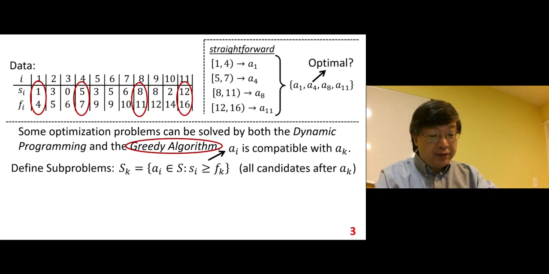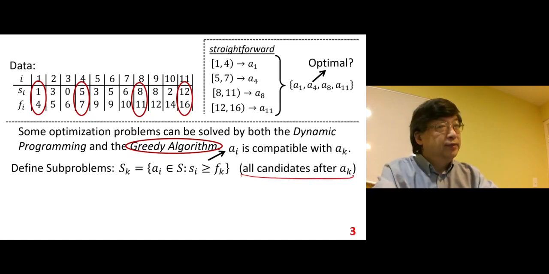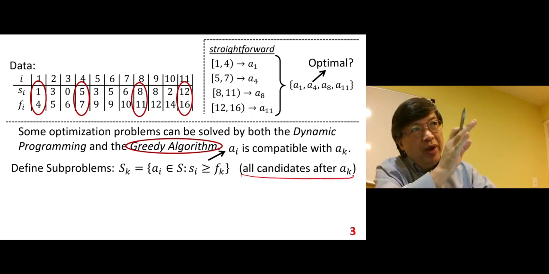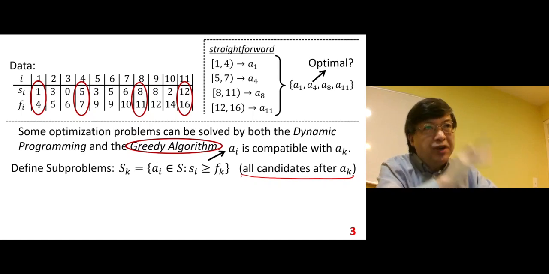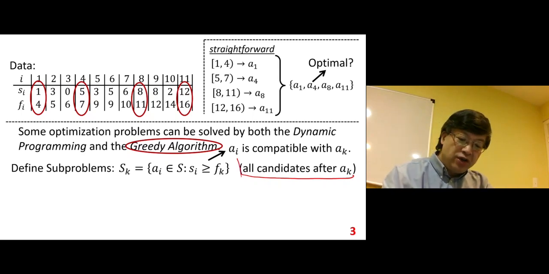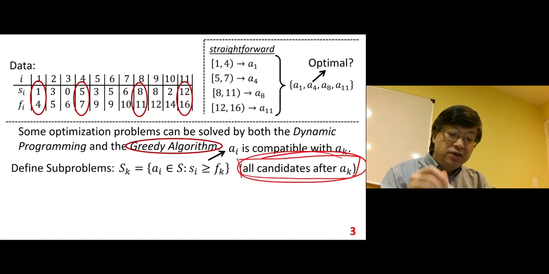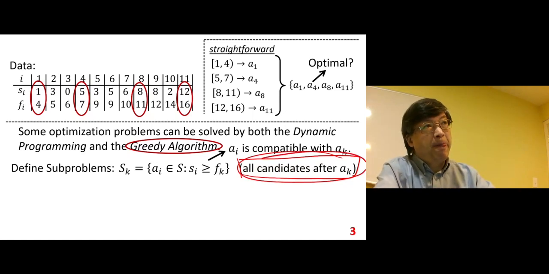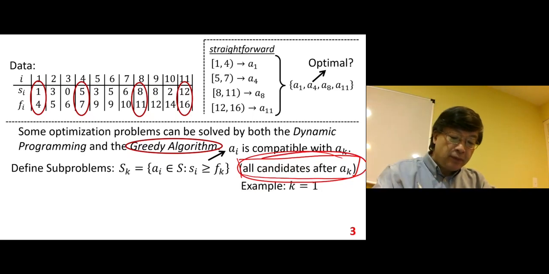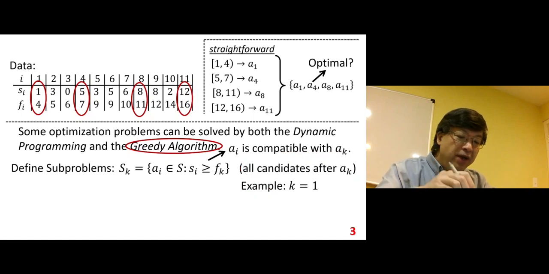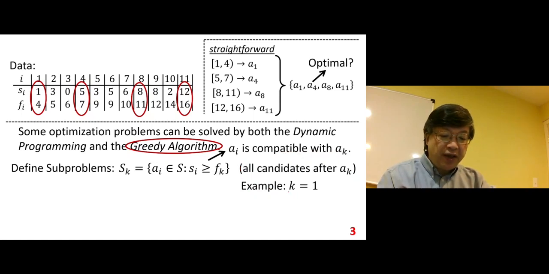Because when we make our greedy strategy selection, we consider candidates in this set. When we select the next activity, we consider these candidates. To understand the meaning of this set, let's look at S1, k equals 1.